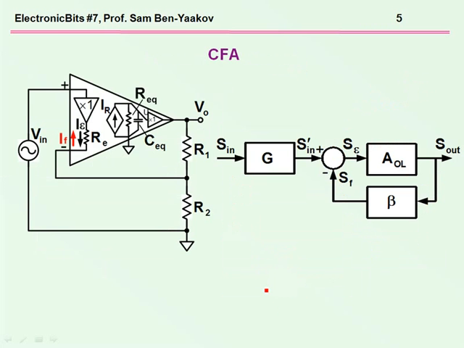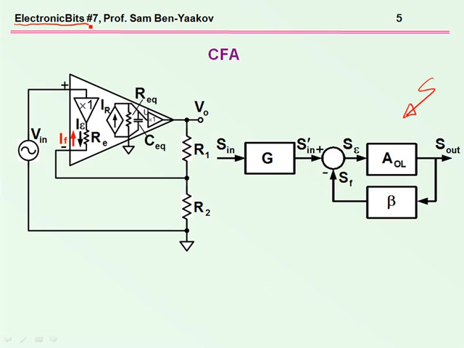Now what happens with a current feedback amplifier? Again, we can use exactly the same block diagram as shown before. If you are unfamiliar with the block diagram, please go back to previous electronic bits and it's explained there.